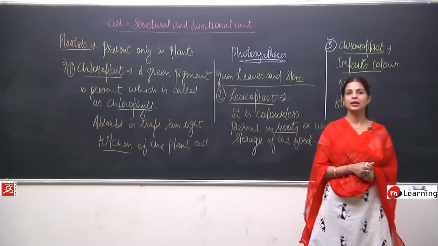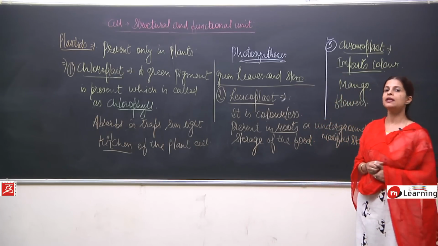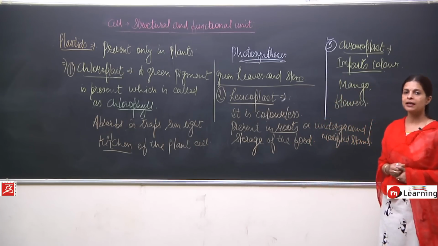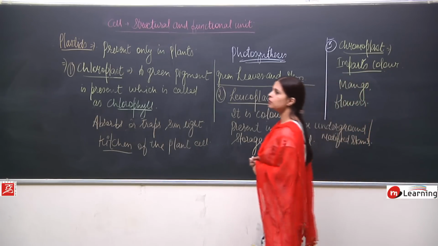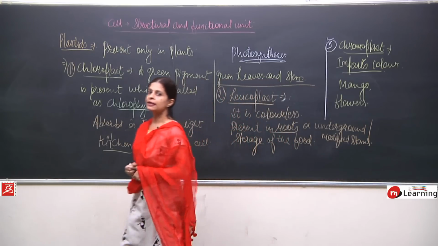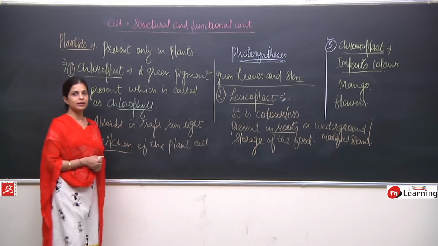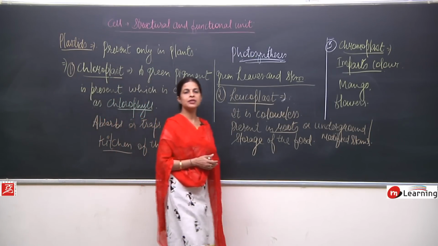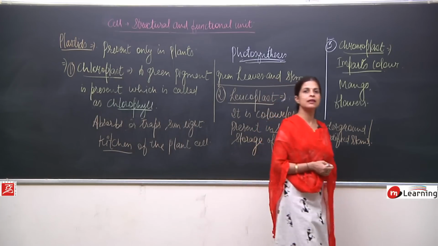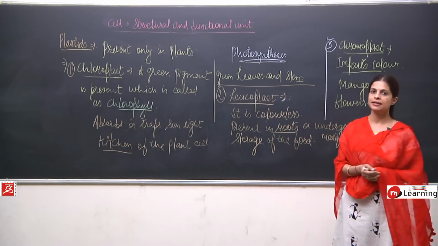Chromoplast is the one which imparts color to the parts of the plant, maybe the fruit and the flowers. This is one of the cell organelles. We have discussed the cell membrane, the outermost covering of a cell. We have discussed the cell wall, which is present in the plant cell.